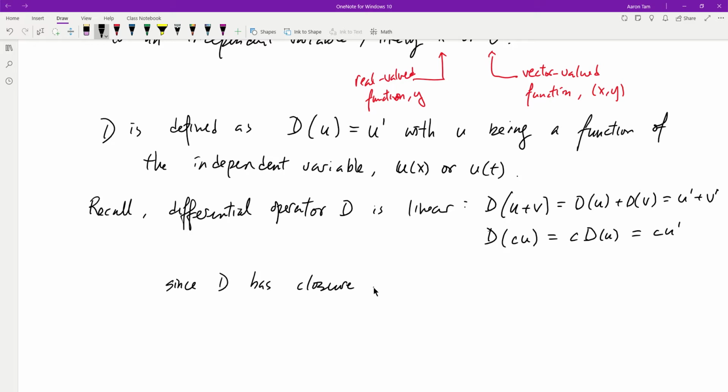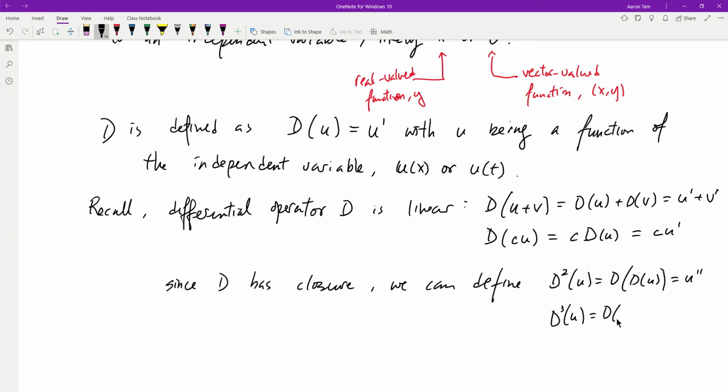Since d has closure under a certain subspace, we can define d squared of u to be d of d of u, which basically becomes u double prime. Okay.